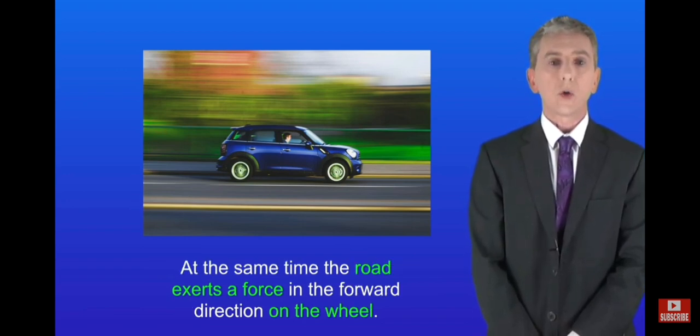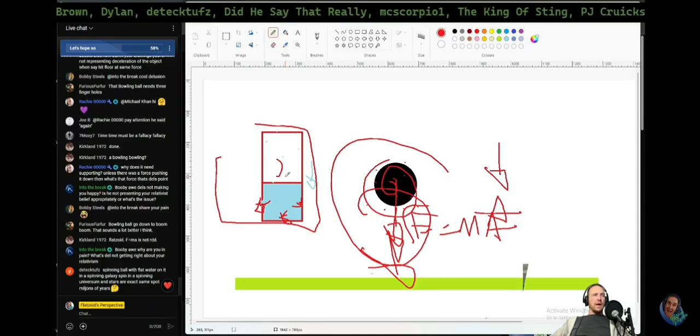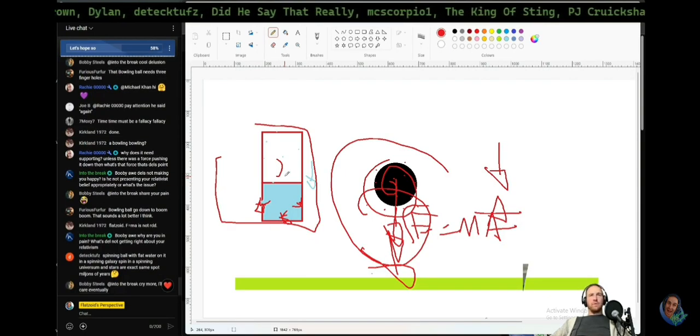At the same time, the road exerts a force in the forward direction on the wheel. These two forces are equal in magnitude, but opposite in direction. So, have they ever heard of net forces before? Yep. So the net forces are zero.